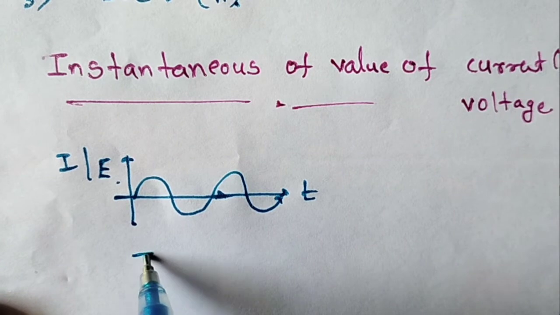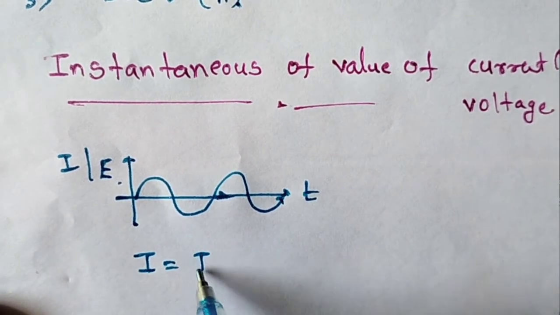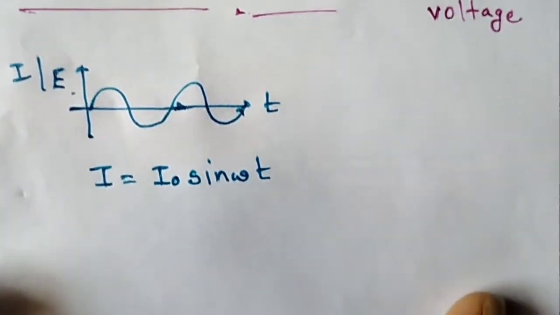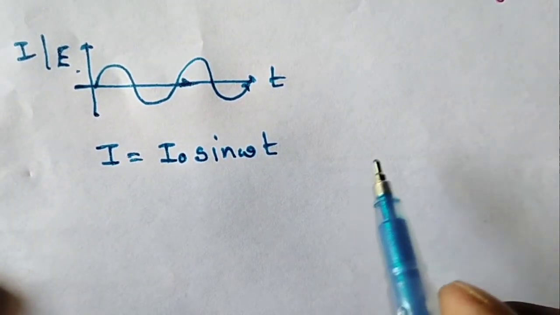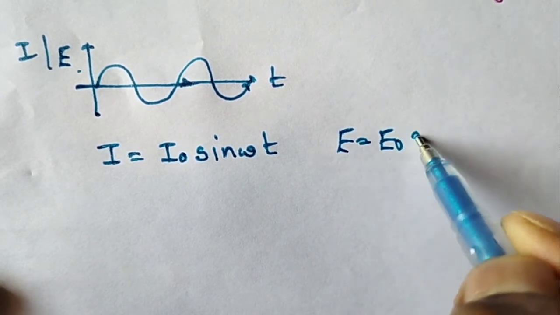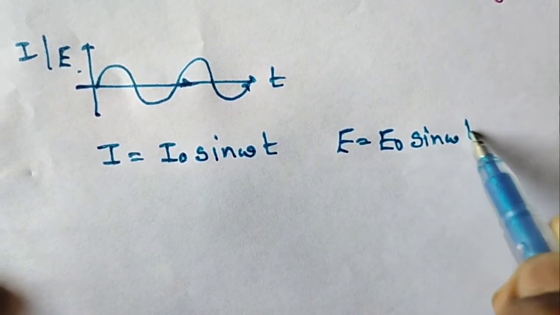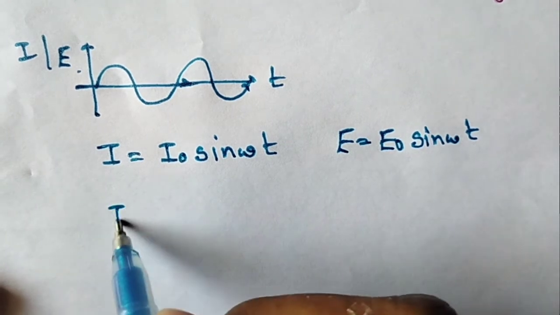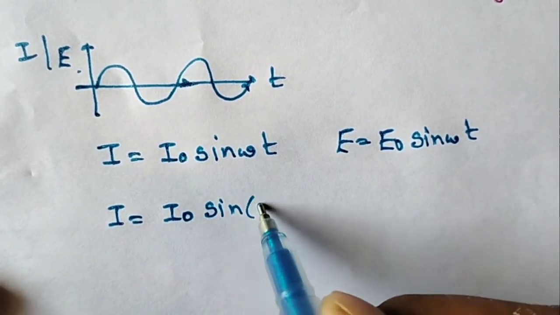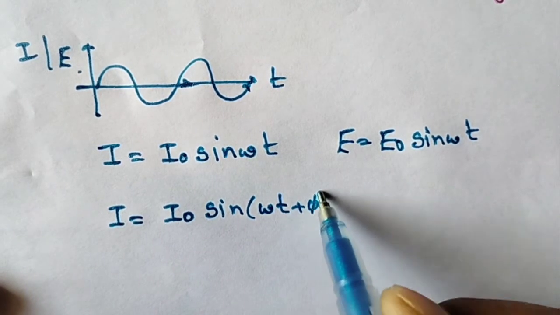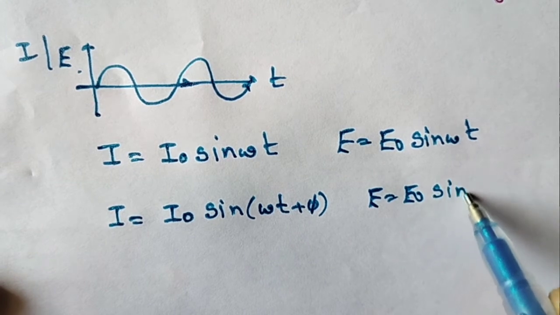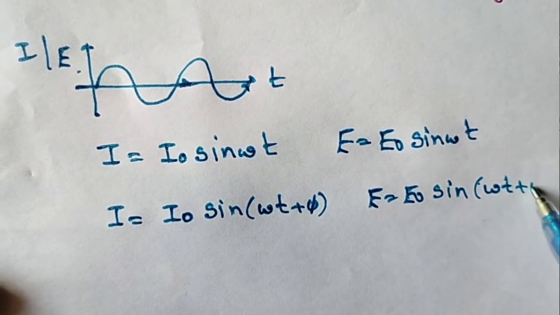That is, I is equal to I naught sin omega t, and the same thing, E is equal to E naught sin omega t. Or I is equal to I naught sin(omega t plus phi), or E is equal to E naught sin(omega t plus phi).